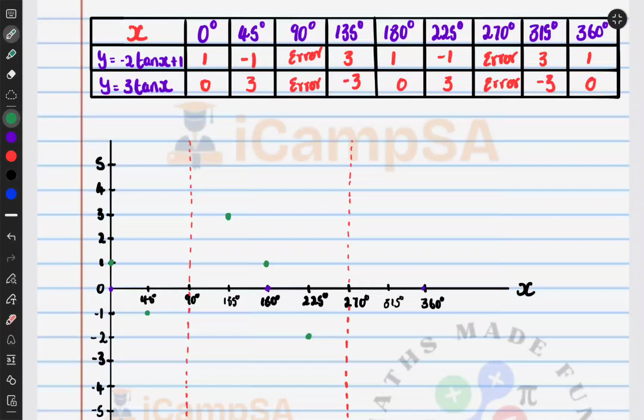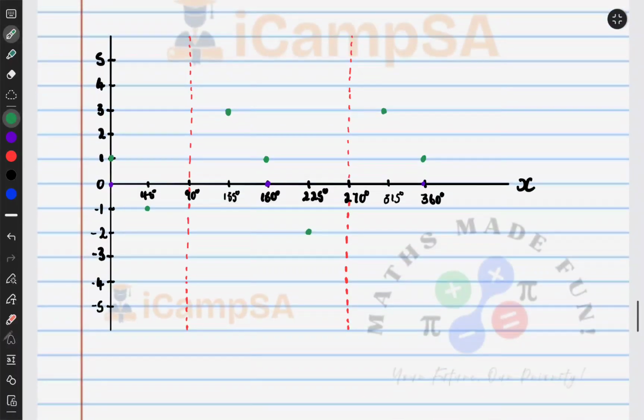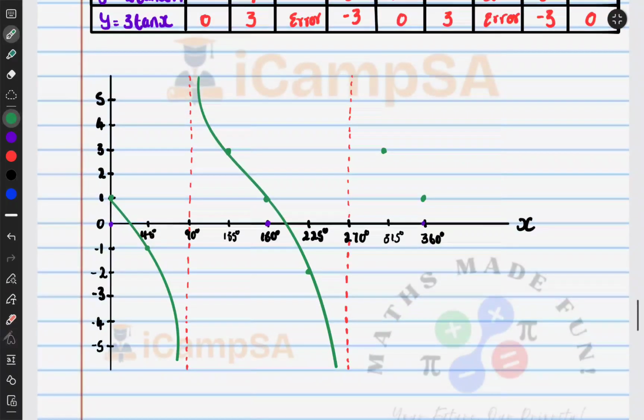At 315 we have 3. At 360 we have 1. And then from there, what do we do? We join the points.